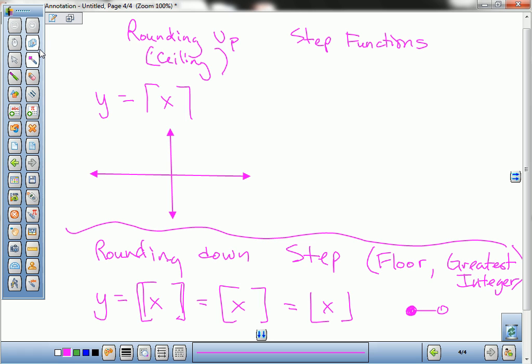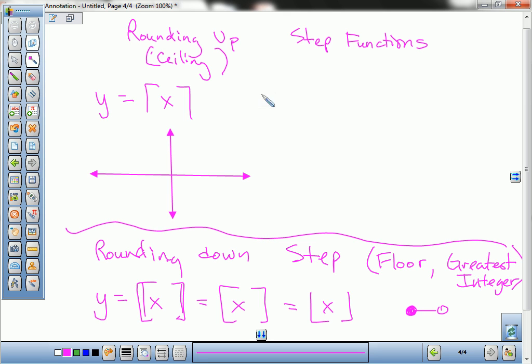When you park in a deck downtown for 2 hours and 3 minutes, they're going to round it up to charge you more money. So in reality, rounding up happens more often than rounding down.